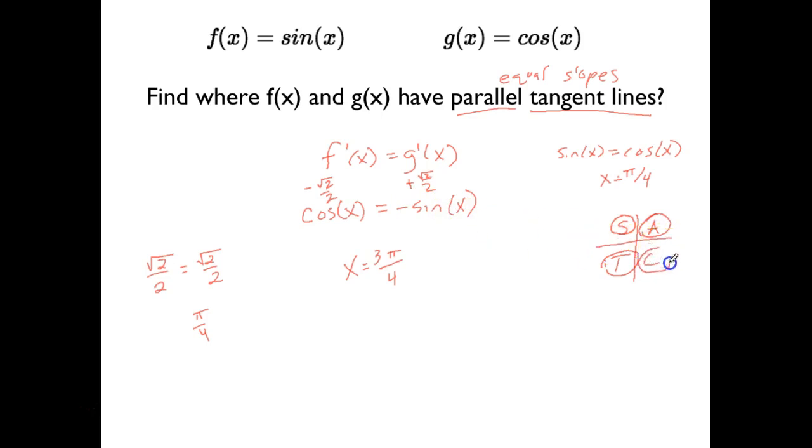In this last quadrant though, where cosine is positive, that would make this positive, and sine would be negative in this quadrant. So you'd have a negative times a negative, making it positive, and they'd be the same value. And that would be at 7 pi over 4. Okay, and that would be your answer.